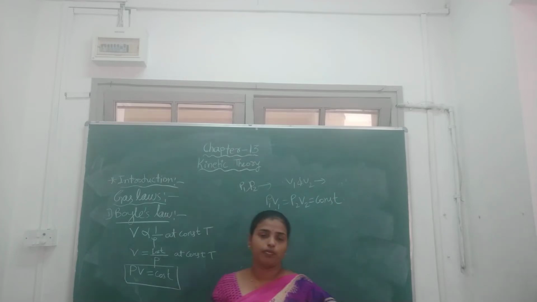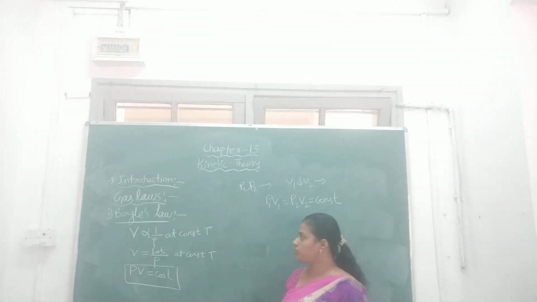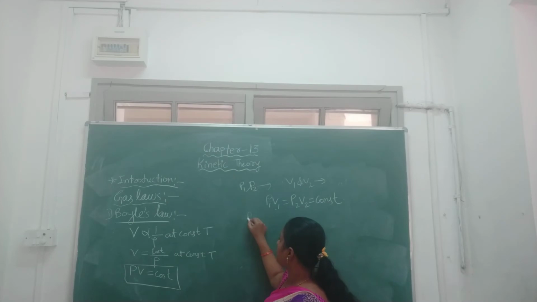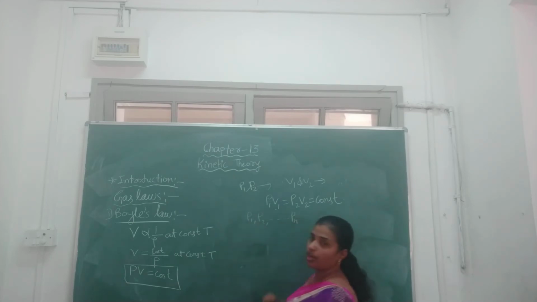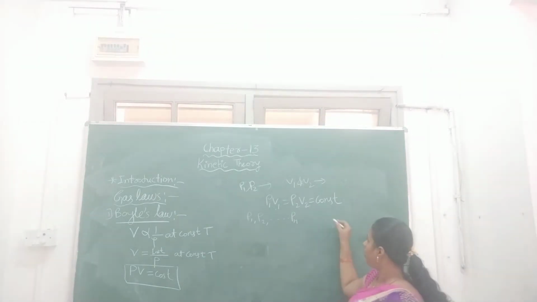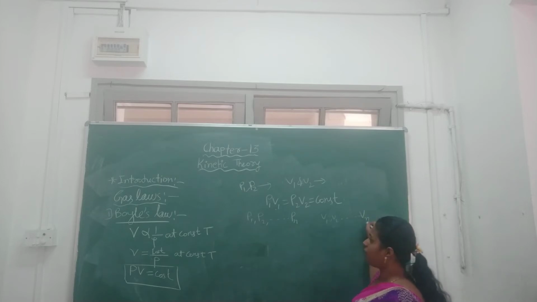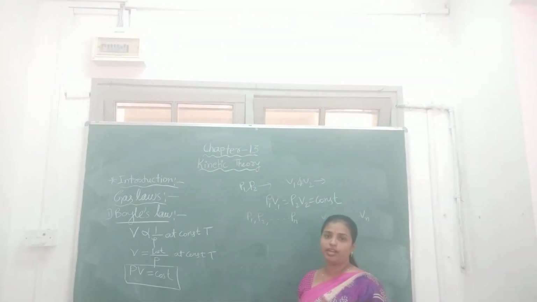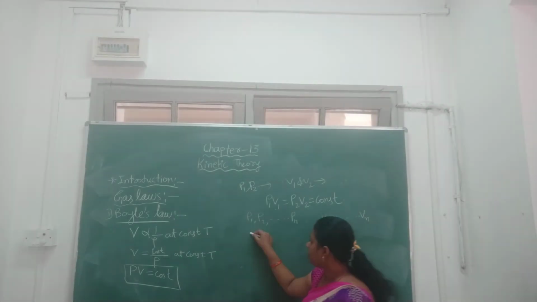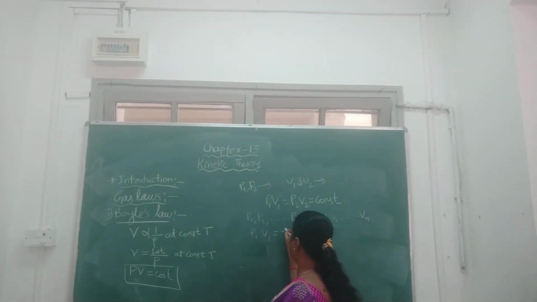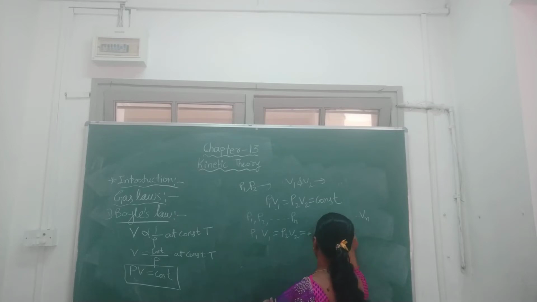For n number of terms, suppose P1, P2, up to Pn are the n pressures and V1, V2, up to Vn are the n volumes. Then the equation becomes P1V1 is equal to P2V2 is equal to dash up to PnVn is equal to constant.